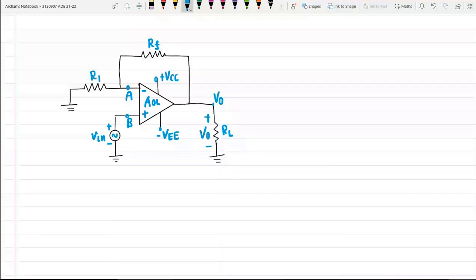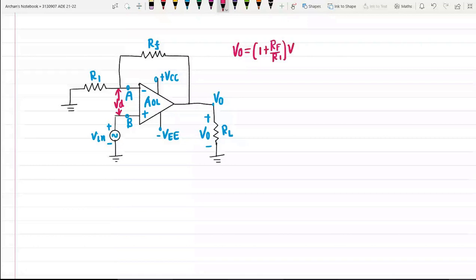Now talking about the current, see, the amplifier circuit will amplify the difference between the two input signals. Okay, so here between these two terminals we will find some difference voltage VD, and this difference voltage VD gets amplified. Okay, now it is non-inverting amplifier, so we know the equation. In case of ideal non-inverting amplifier, it was 1 plus RF by R1 times V in.